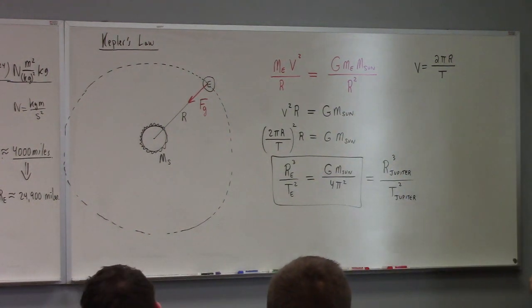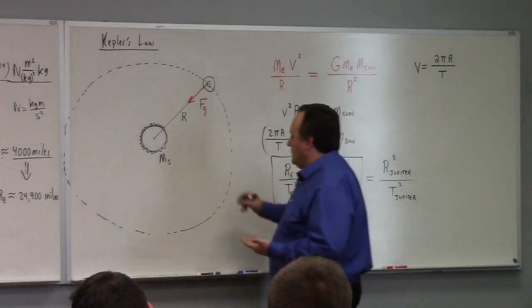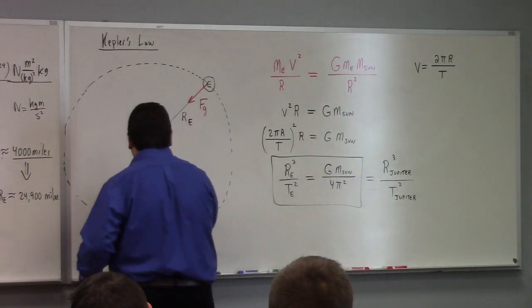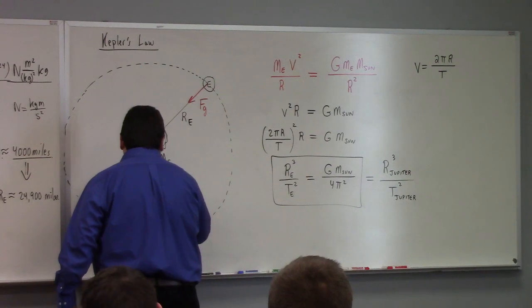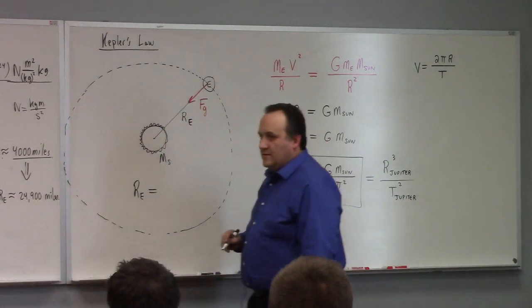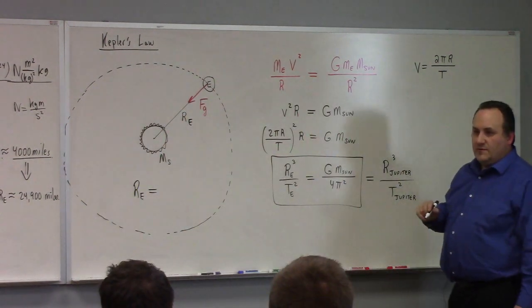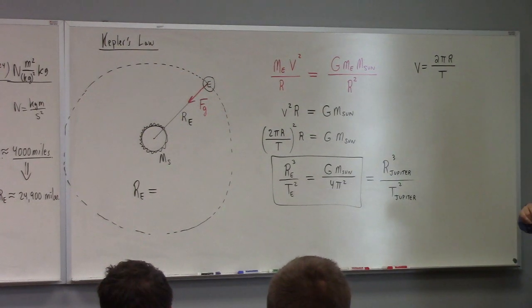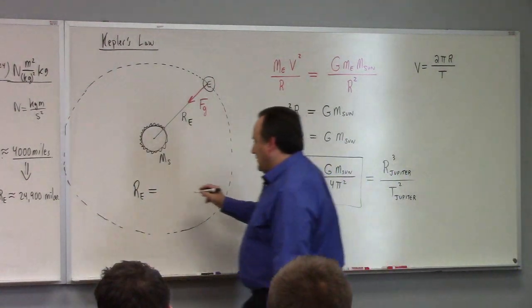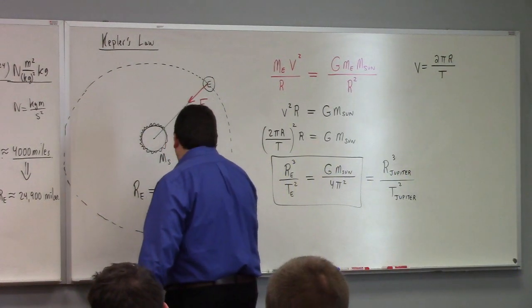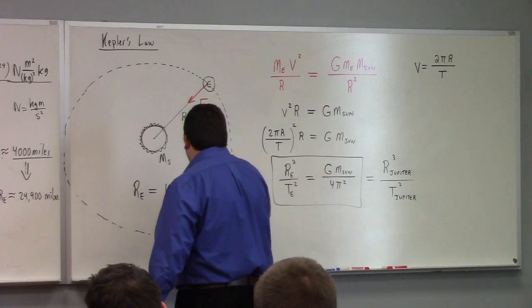By the way, we have a name for the mean orbital radius of the Earth. This actually defines a system of astronomical measure. What's this called? 1.0 what? Astronomical units. Very good. So 1.0 AU, astronomical units.